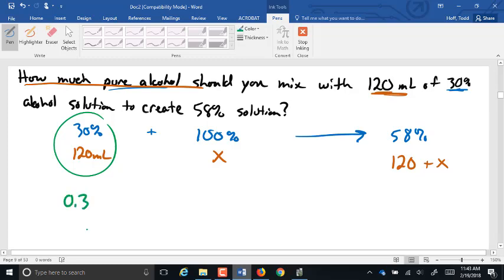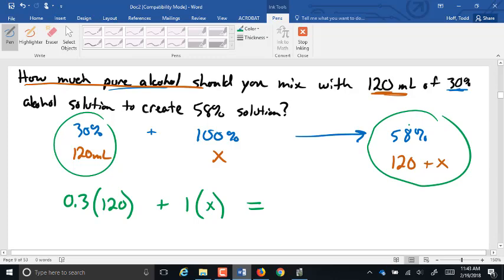So 30% is 0.3 times 120 milliliters. For the pure alcohol, concentration times volume, 100% is just 1 times the volume of X equals, for our 58% that we're trying to create, concentration is 0.58 times the volume is 120 plus X.